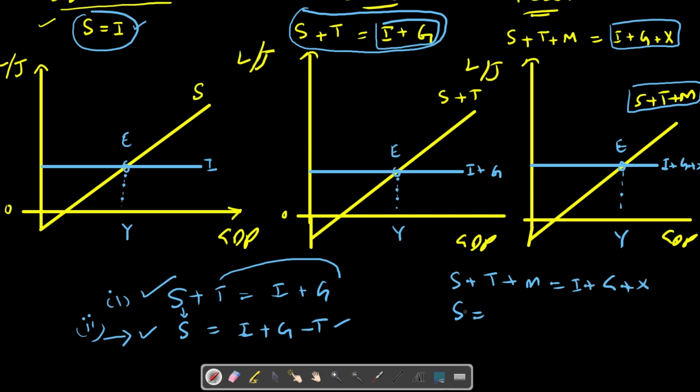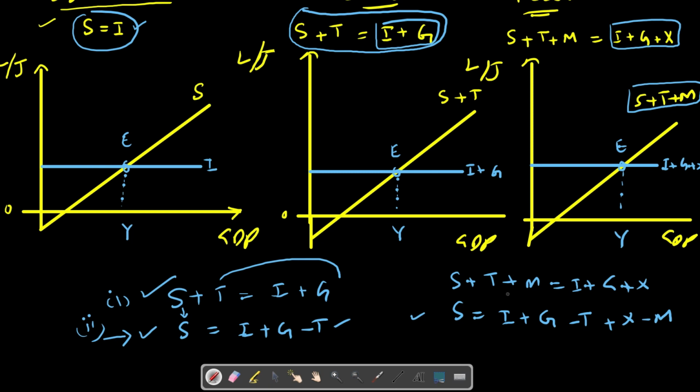He writes S, that is saving, is equal to investment plus government expenditure minus taxes plus exports minus imports. Is it again the equilibrium condition or not? It is exactly the same thing, so it also satisfies the equilibrium condition.